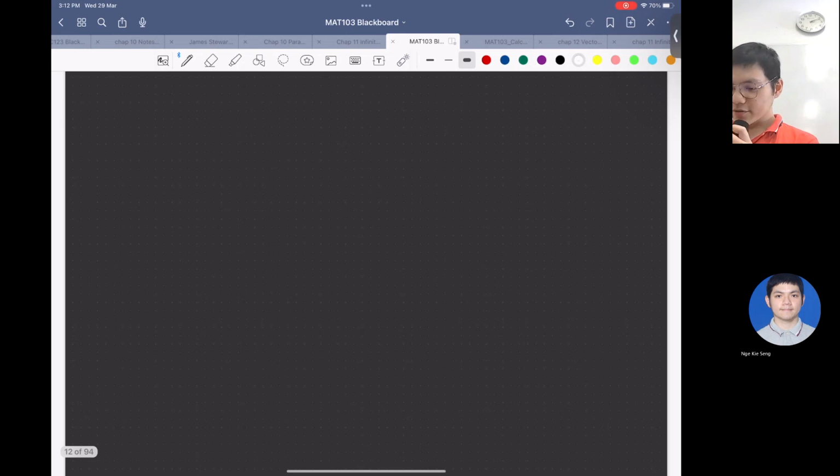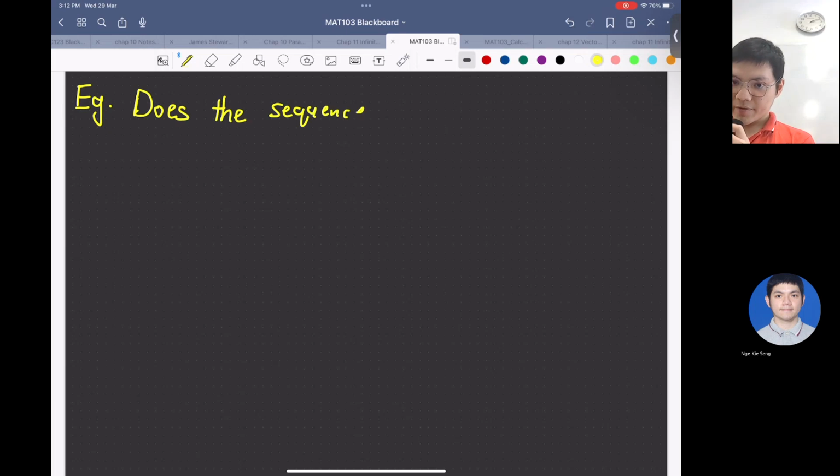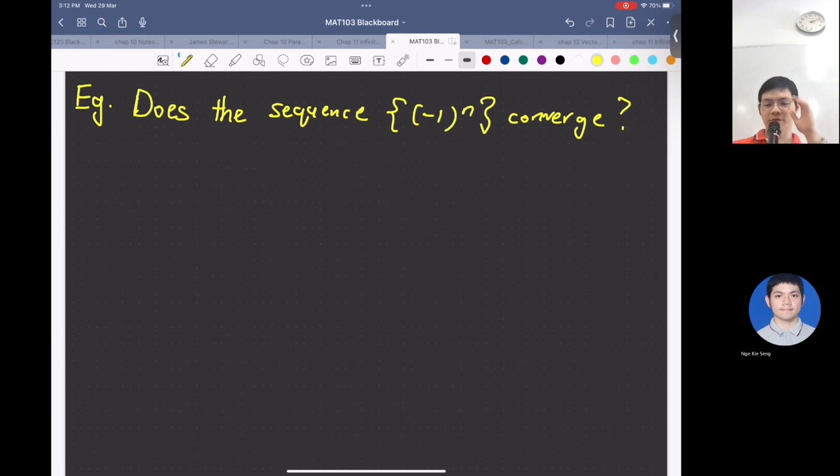Next, I want you to think about this and discuss with your friend. Does the sequence (-1) to the n converge? I give you about 3 to 4 minutes. You can discuss with your friend. Try to write down this sequence and see if it converges.